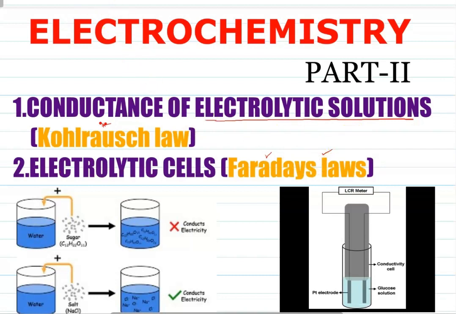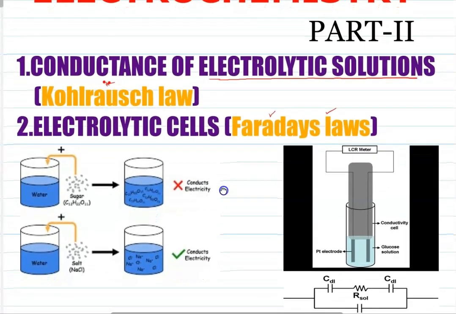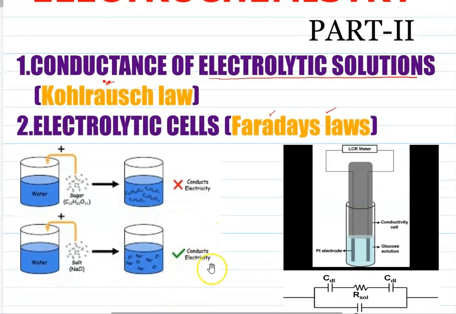Both are very important concepts. We'll take up these concepts today and try to solve as many problems as possible. The main discussion will be on electrolytic cells as well as Faraday's laws, and we will solve conductance problems also. A special discussion will be there on Kohlrausch's law.